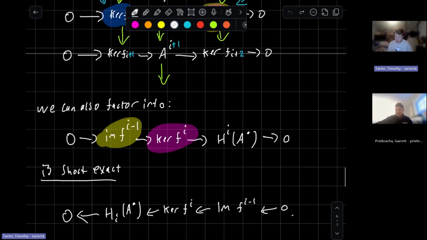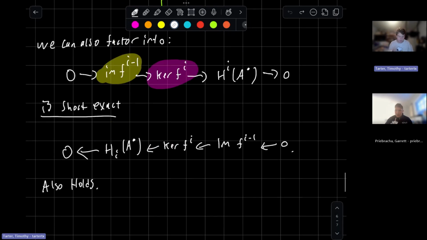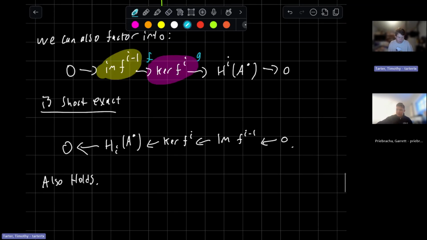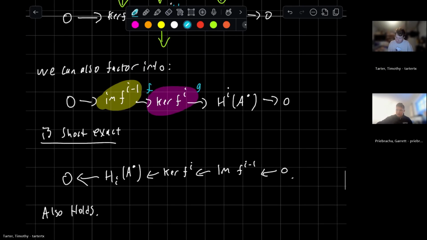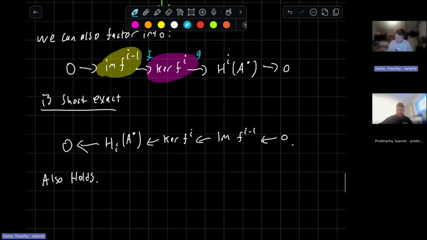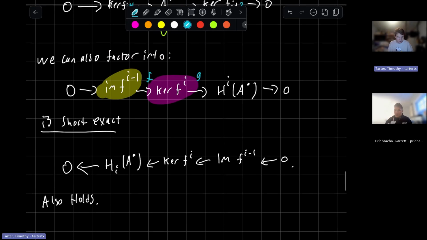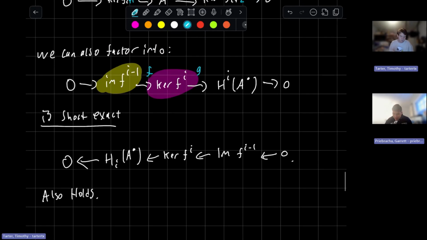We're recalling that a complex is where G composed with F, GF, is 0. If we just have that, then we can factor into this.